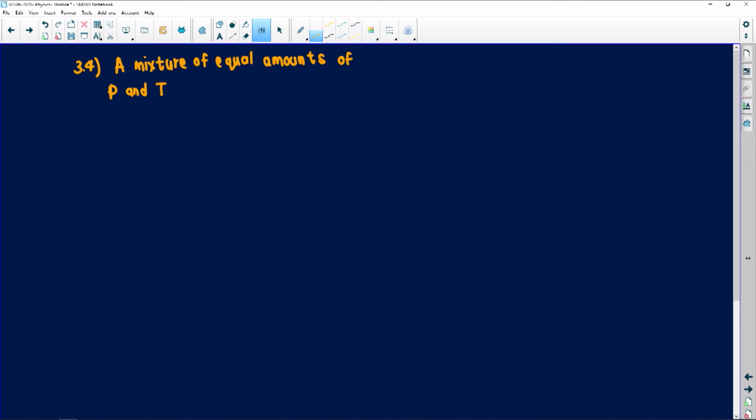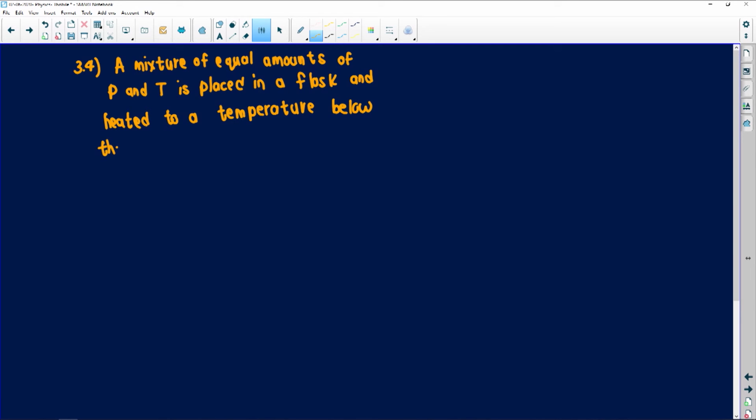So the mixture of equal amounts of P and T is placed in a flask and heated to a temperature below their boiling points.